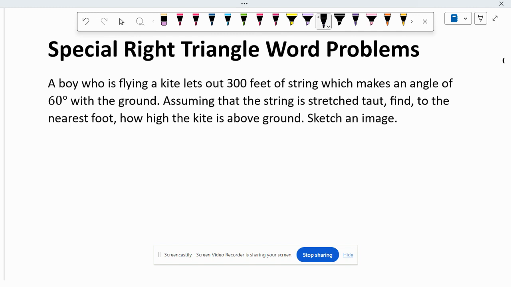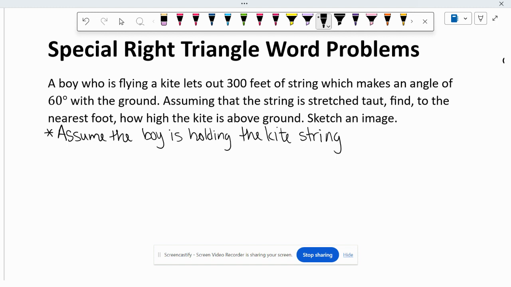I added a little note that says, assume the boy is holding the kite string three feet off the ground.